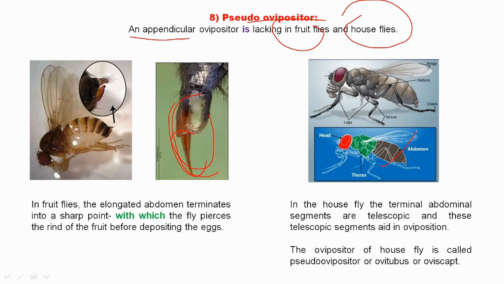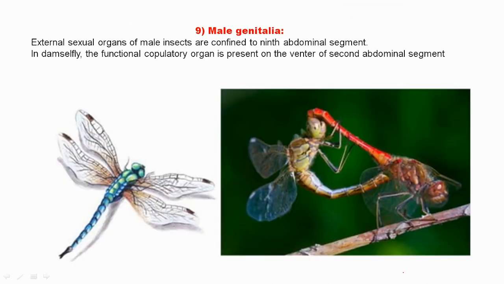In houseflies, the terminal abdominal segments are telescopic, and these telescopic segments aid in oviposition. The ovipositor of the housefly is called a pseudo-ovipositor, ovitube, or oviscapt.